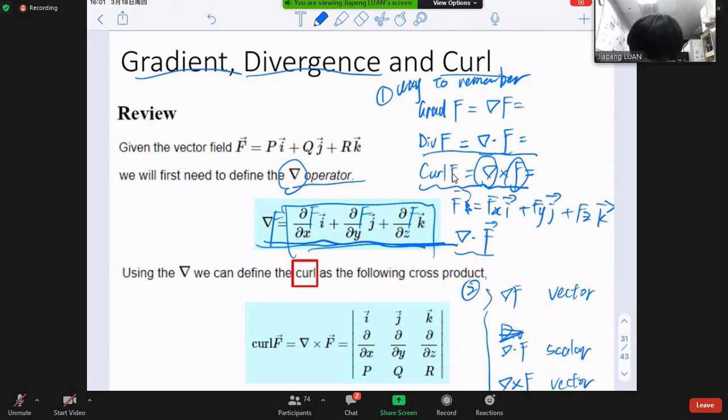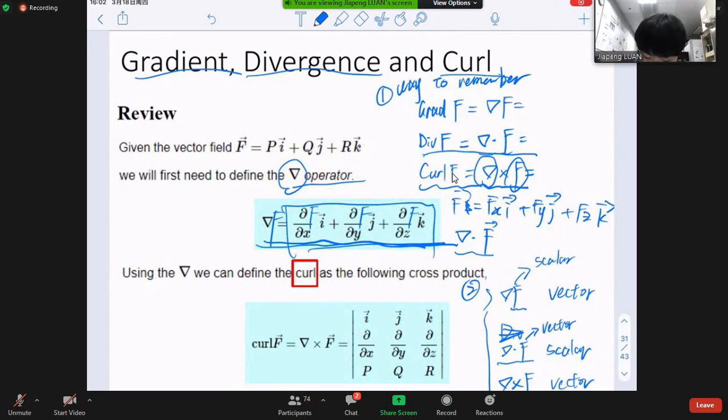If you want to calculate the gradient of something, then this thing needs to be a scalar, right? This is a scalar, and if you write something like this, then this is a vector.